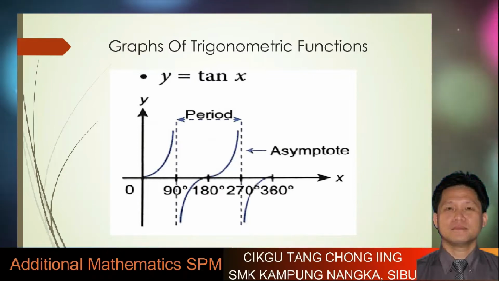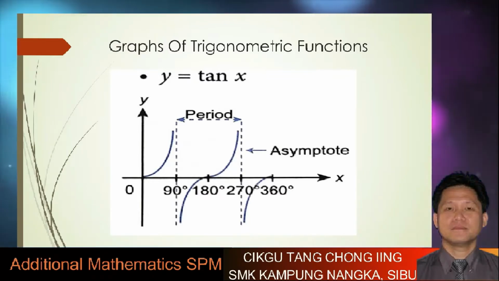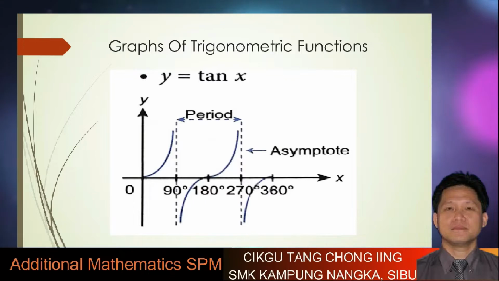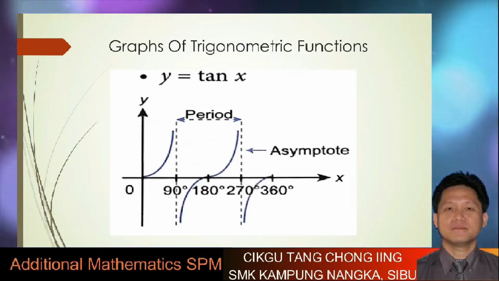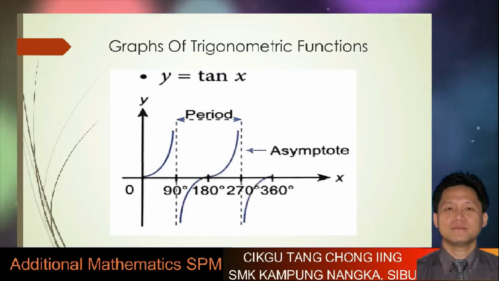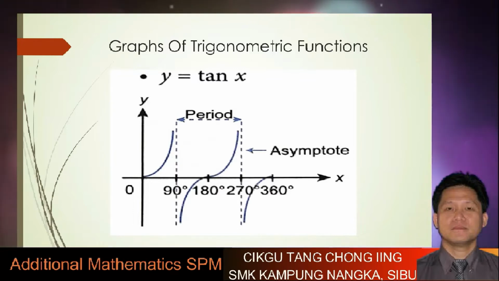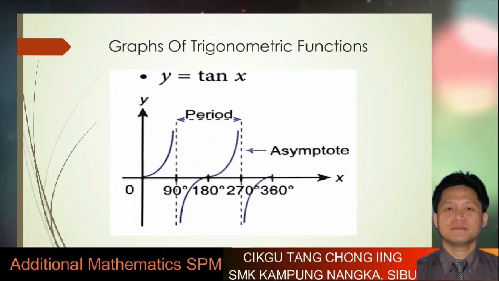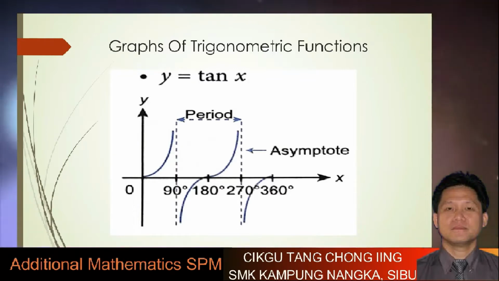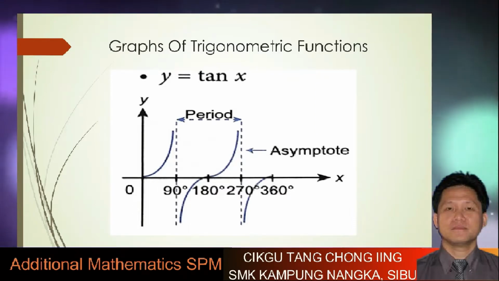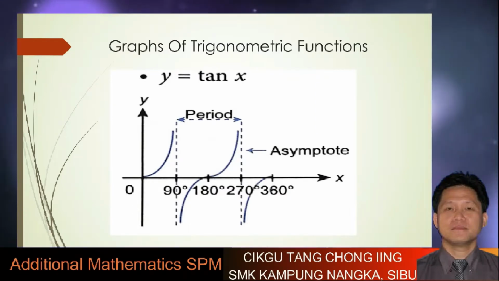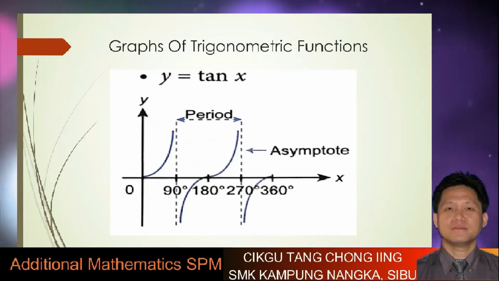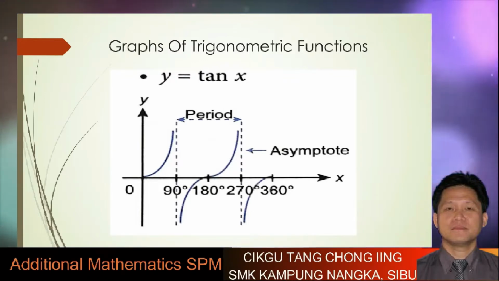Right? And because of that, the curve of y equals tangent x does not have maximum or minimum values, because it can keep on going up or keep on going down. So no maximum or minimum values. Alright?